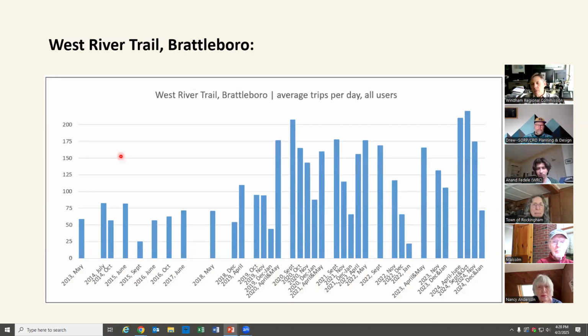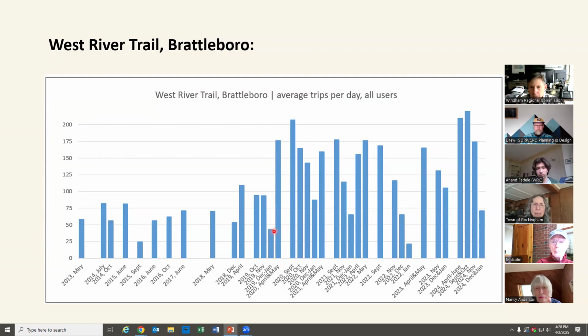West River Trail, again, one of our most popular multi-use pathways in the region. We have a lot of data here initially, pre-COVID, and then all of a sudden, in April and May of 2020, it just skyrockets. So more than doubled the use. In this case, for the most part, that post-COVID use has stayed about the same, even gone up a little bit.